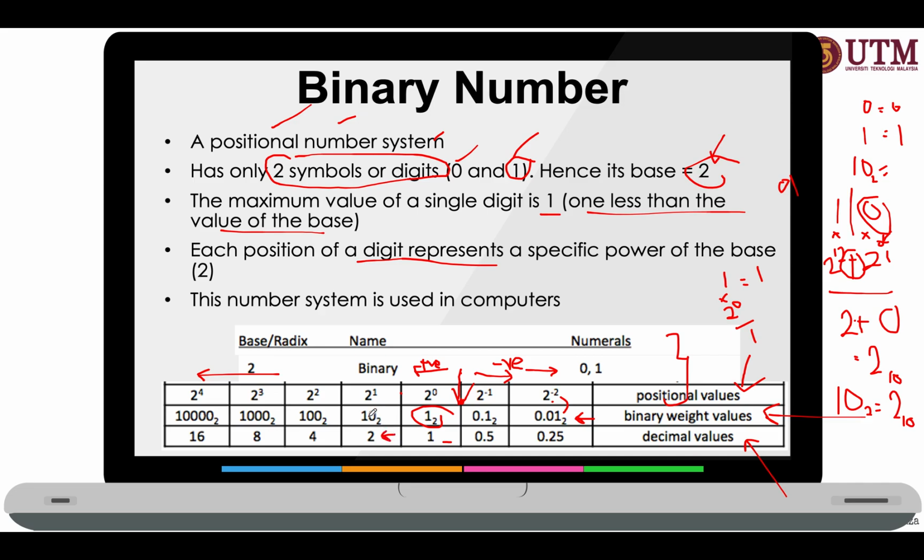If you have 1 0 for binary, you get decimal 2. If binary is 1 0 0, you get decimal 4. And then you have over here 1 0 0 0. Binary, you get 8 for decimal, and etc. You need to know how to calculate it using the simple method over here.